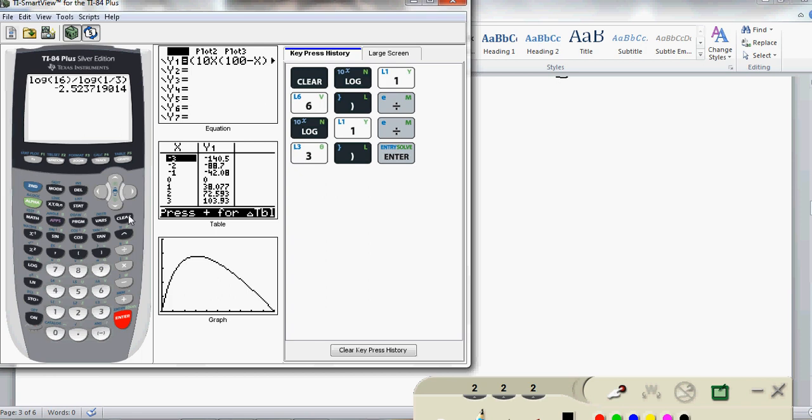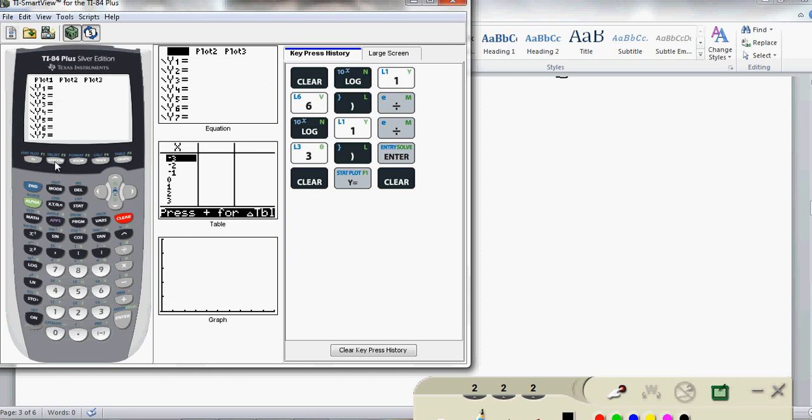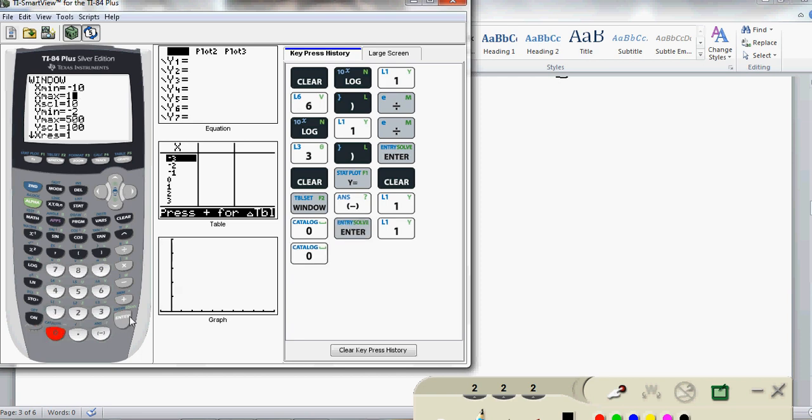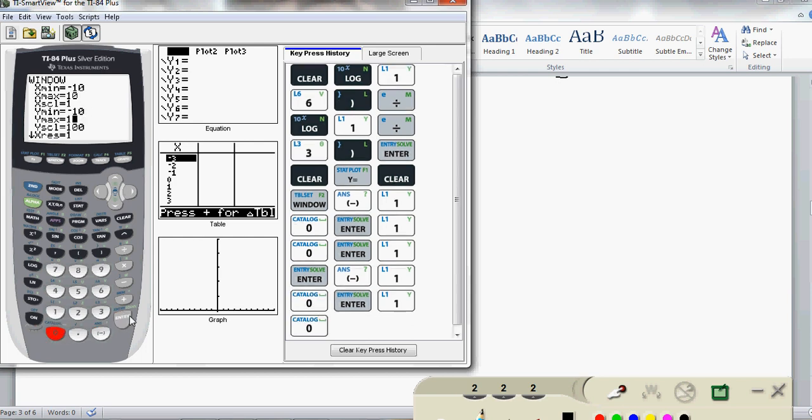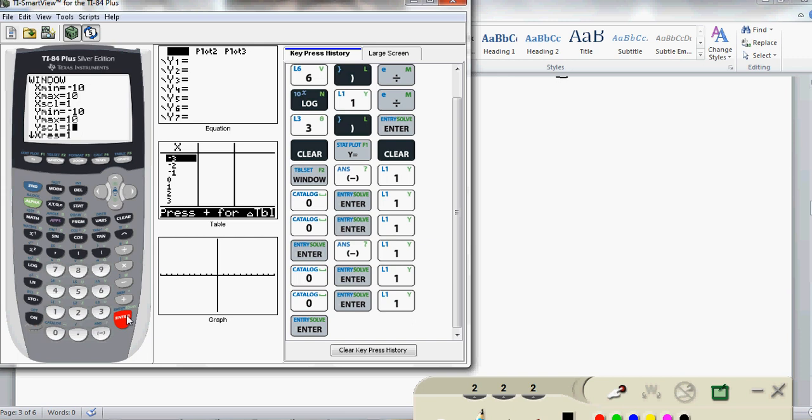First thing we're going to do, I'm going to clear out everything that I've already got there, and then go to the y equals and clear out everything I've got there. Now, just like always, I want to start with the window of negative 10, 10, and 1, and negative 10, 10, and 1. So that I get a fairly good starting window, I guess.